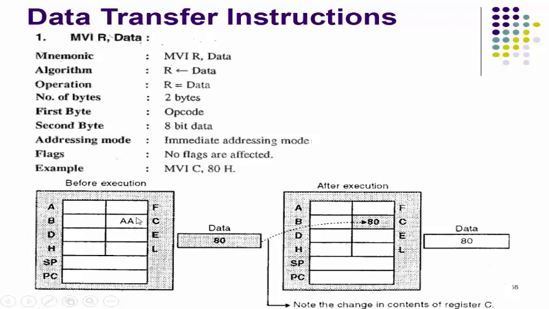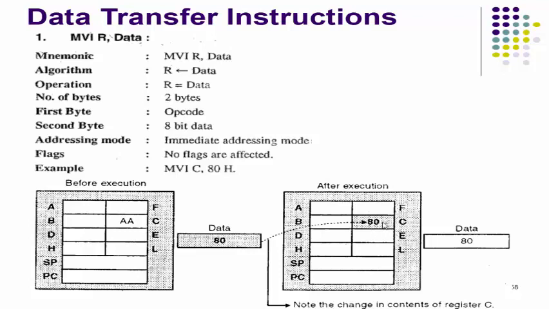Suppose before the execution the C register has AAH. When this MVI C instruction gets executed, 80H gets copied in the C register, that is, AAH gets overwritten with the new data, 80H. After the execution, on the right hand side, we can see this 80H immediate data copied in the C register.